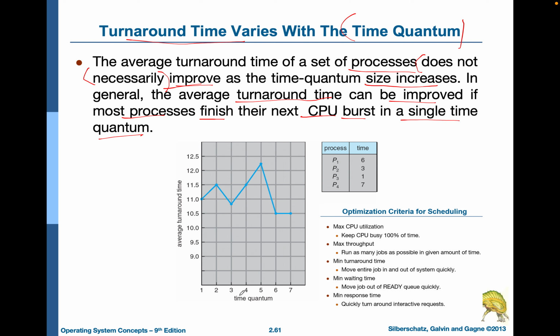So here you have a time quantum, and this is the average turnaround time. You have processes P1, P2, P3, P4, four processes altogether, and the time of each process is 6, 3, 1, 7.